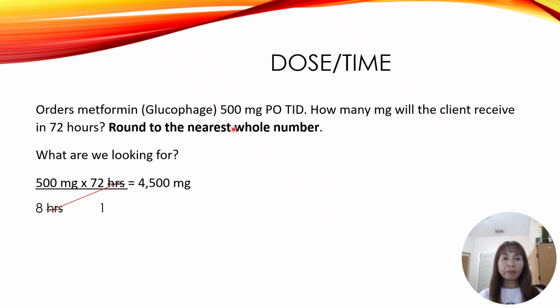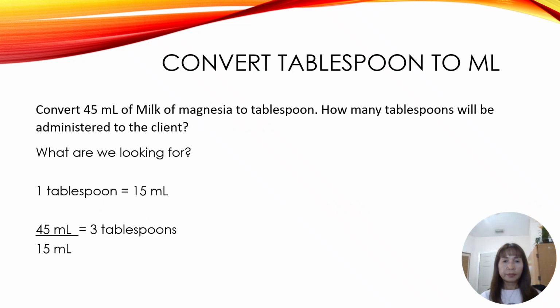So now we have 500 milligrams. Since TID is 3 times a day, we're going to give the medication every 8 hours. So I'm going to put 500 milligrams every 8 hours times 72 hours over 1 day. Then we are going to multiply. So 500 times 72 divided by 8 will give us 4,500 milligrams.